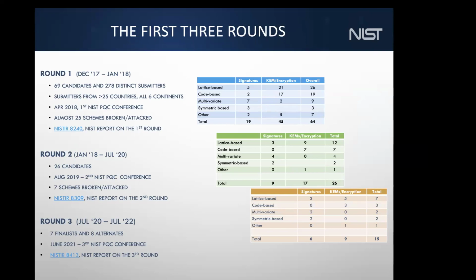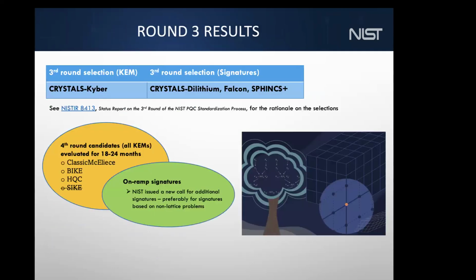At the conclusion of each round, we wrote a report. So if you're interested in the details, I'd refer you to those reports, which talk about why we selected the schemes that we did to move on into the next round. The third round wrapped up in July of 2022 when we were able to announce the algorithms that we would be standardizing. So we announced 4 algorithms.